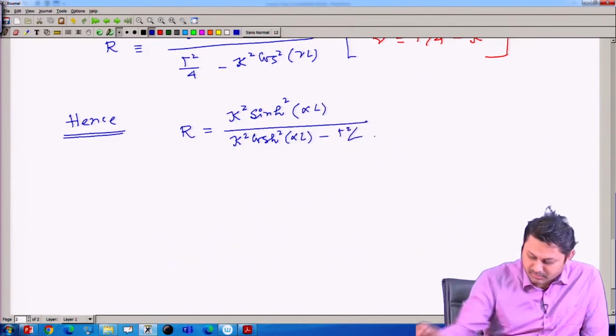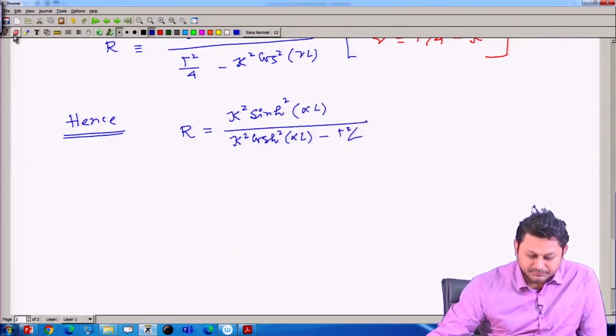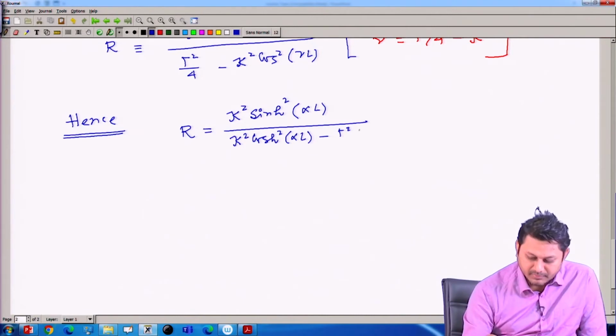That is the condition we derived earlier.